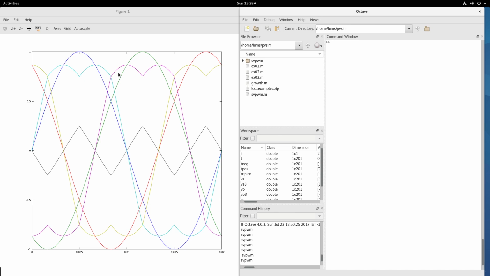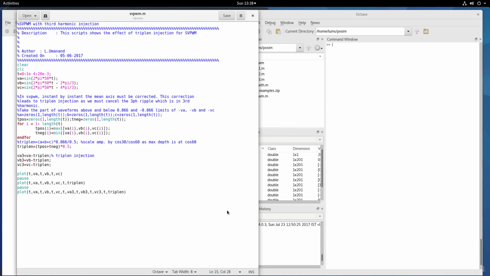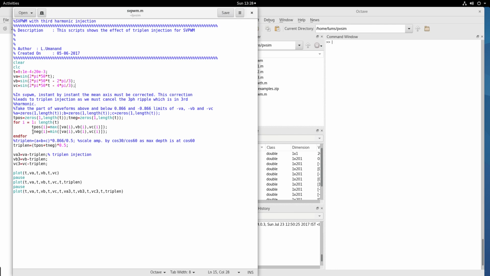Now one can inject this triplen in the fashion I have done. I have calculated the positive envelope by taking the max of VA, VB, VC at any instant, and the bottom envelope, T negative, by taking the minimum of VA, VB, VC.